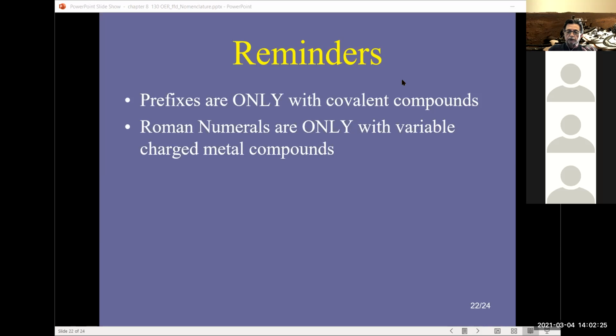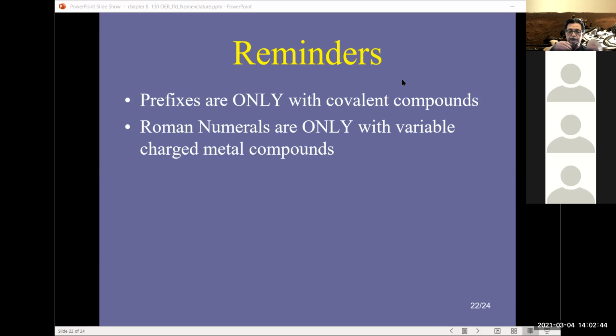Use the Roman numerals only with those metals that are variable in charge. You know, they're not part of the 16. And so with the 16 metal ions, no Roman numerals.